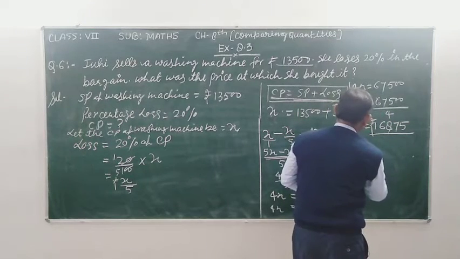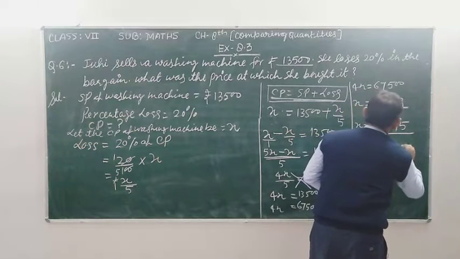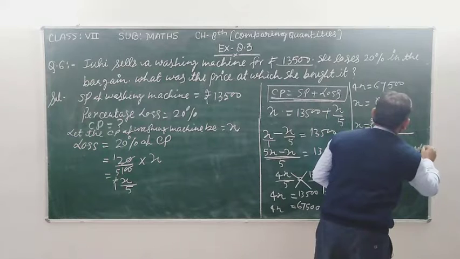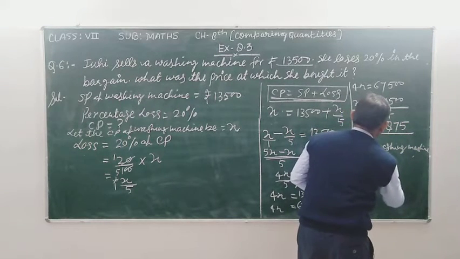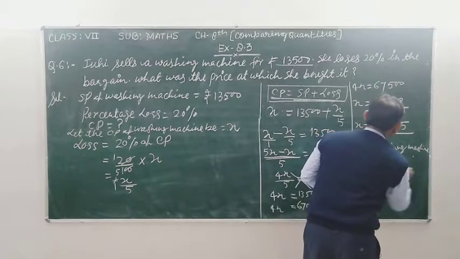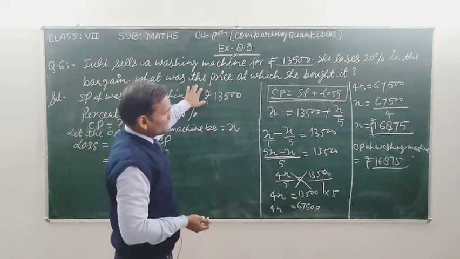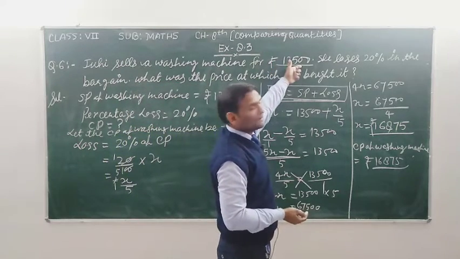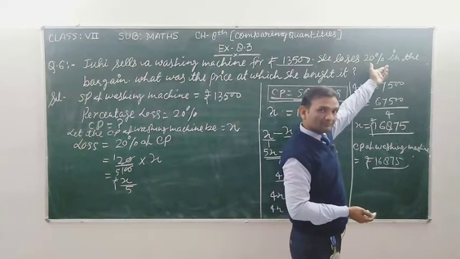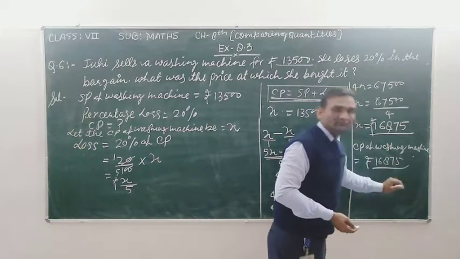CP of washing machine is equal to rupees 16,875. This is my answer. And selling at 13,500 by getting the 20% loss, the CP will be 16,875 rupees.